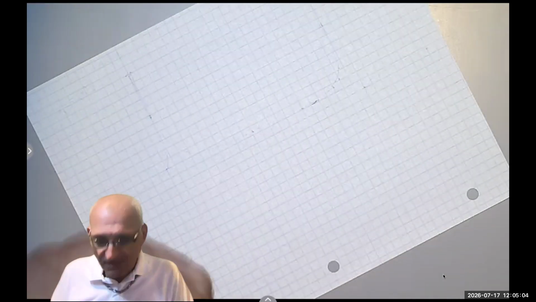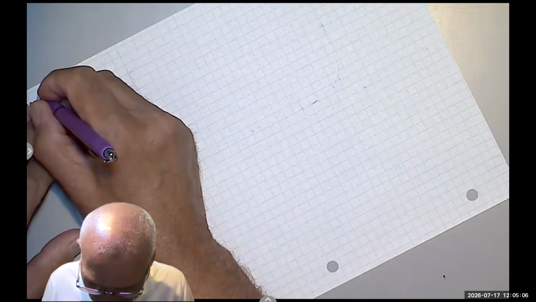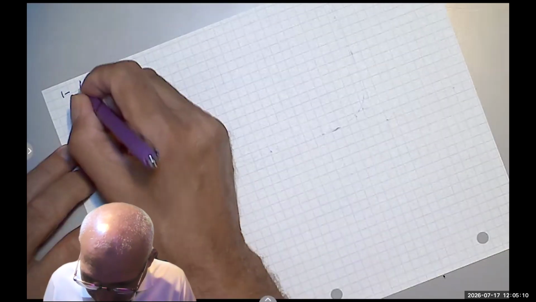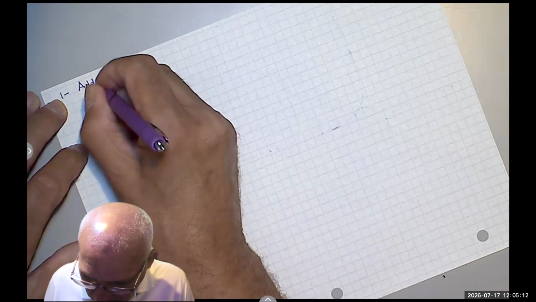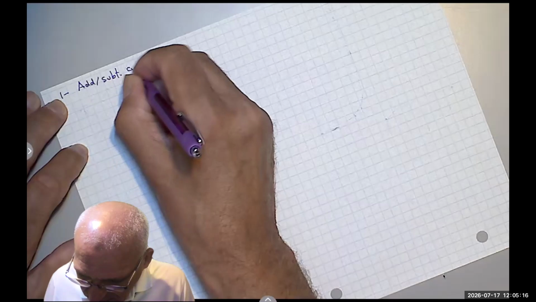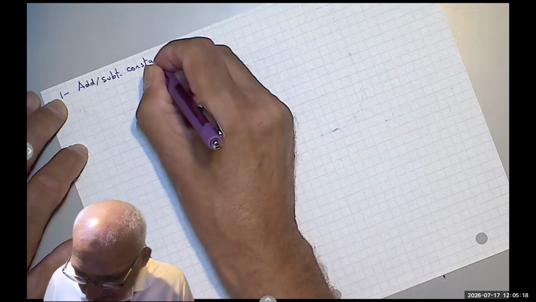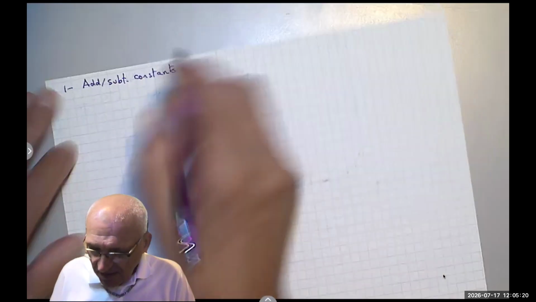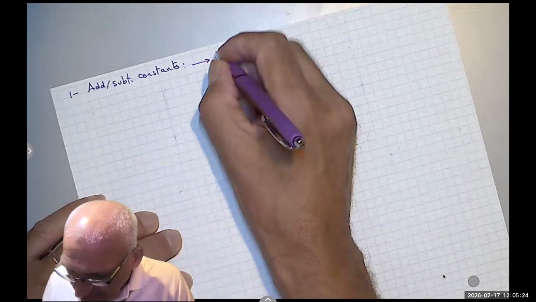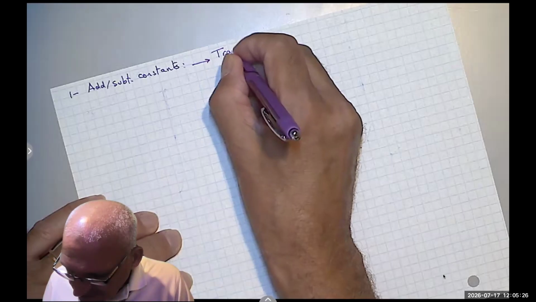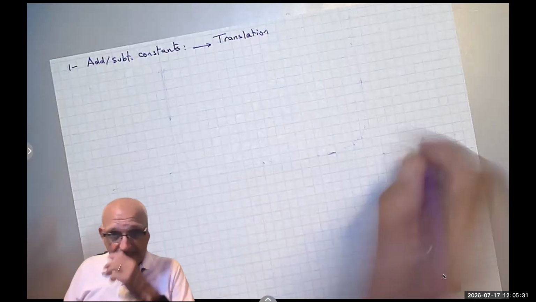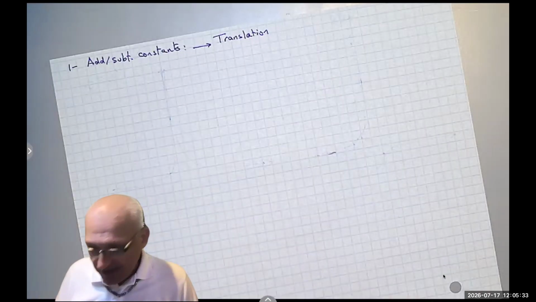So we have three things you have to be careful about. Number one, if I add or subtract constants to the x or the y, that means we have a translation. So either I'm moving right or left along the x, or up and down along the y.